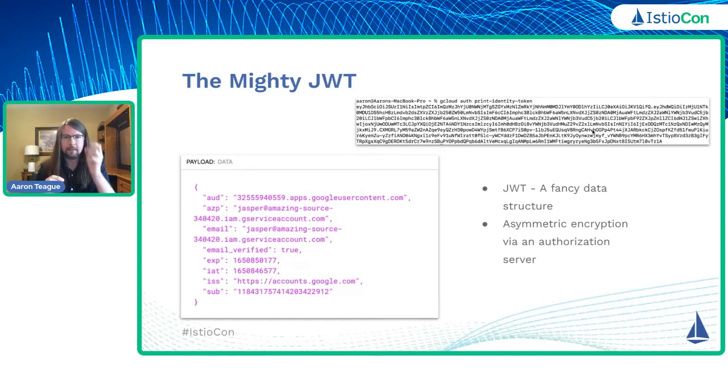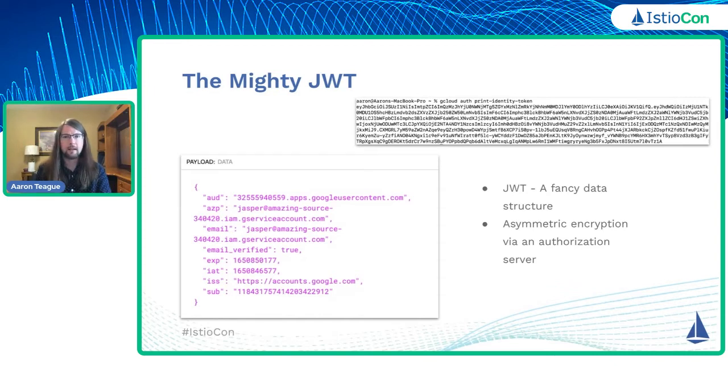So essentially, we take the header and the payload, so the first two pieces, we smush them together, and then we encrypt it with a private key that no one other than the authorization server has access to. And much like SSH and certificates used on a website, it can be decrypted if you have the public key, which is a thing that you just pass around freely.